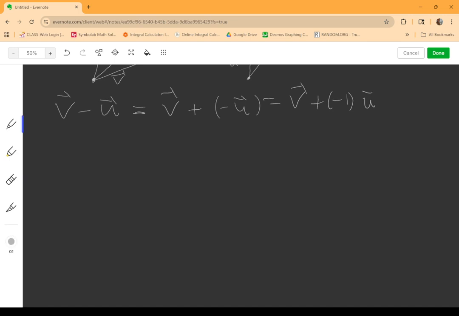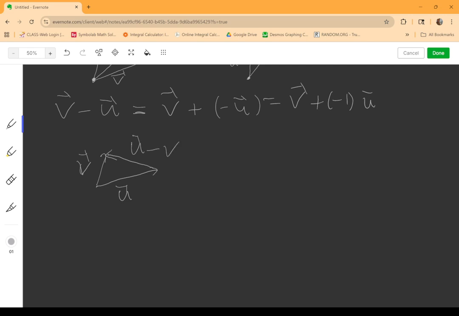This is my u here, and then my v. Here, instead of doing the parallelogram, this is v, this is u, going from the terminal point of whichever one I'm subtracting to the terminal point of v. This would be u minus v.